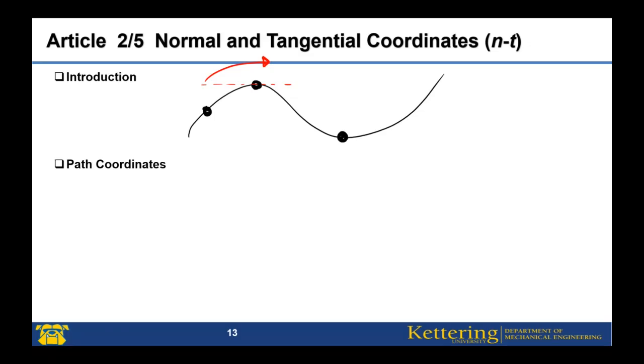The tangential axis, or tangential coordinate, will be along the tangential line, and its direction is along the direction of the motion. This axis is called the tangential coordinate system.